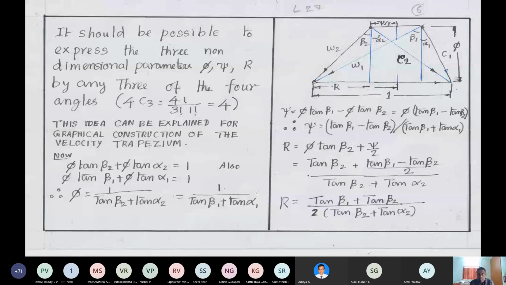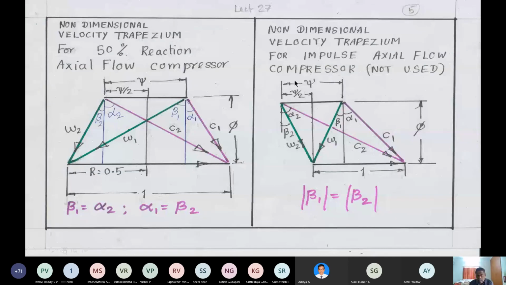Now generally the issues in an axial flow compressor. One is these design parameters, phi, psi, and the degree of reaction. The other important thing is the speed U2, so that will be the fourth consideration.